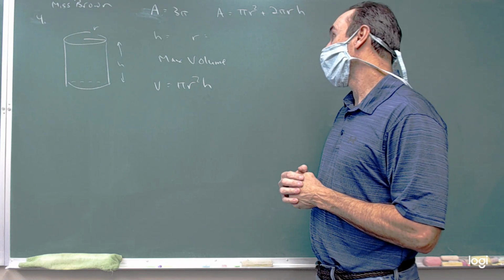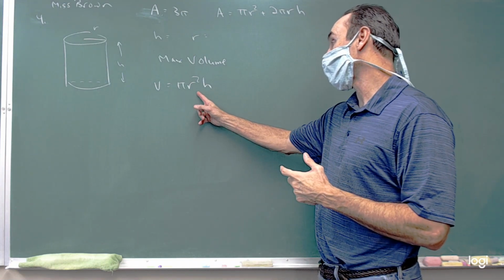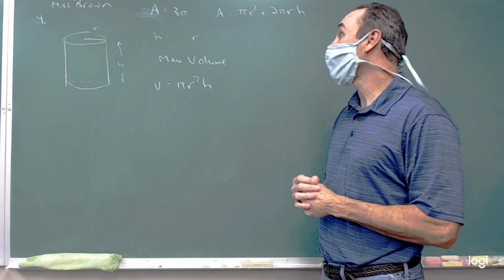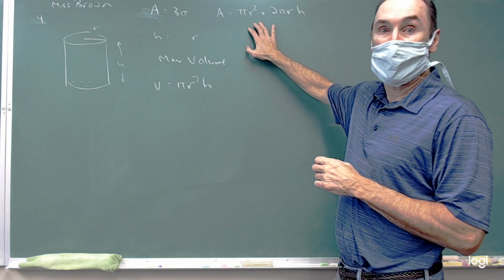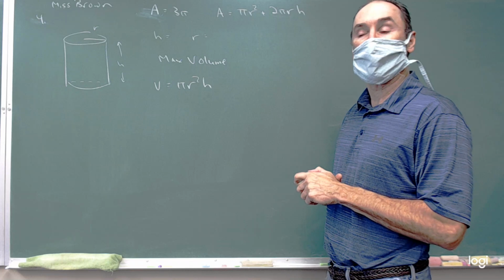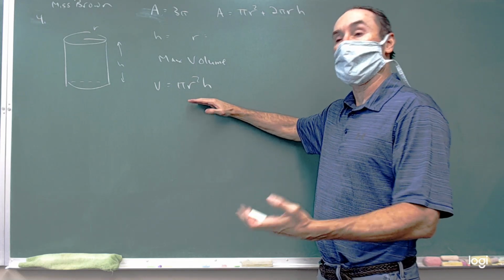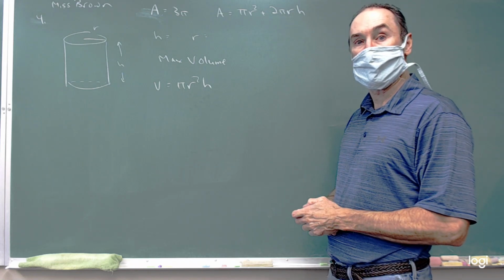Now if we try to do our calculus on this, the problem is we've got 2 variables and it gets to be a big mess. So we want to use what we know about the area to replace one of these variables and make it into a function of only one variable. Then we can use our calculus to take the derivative and look for critical points.